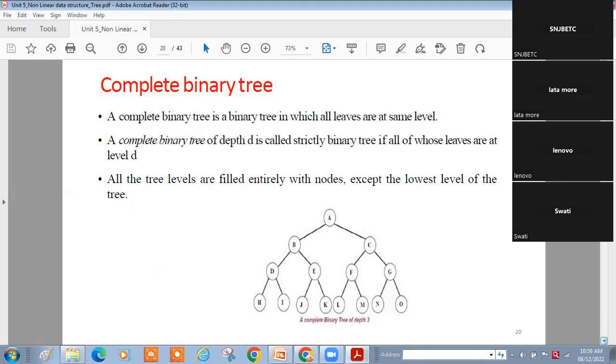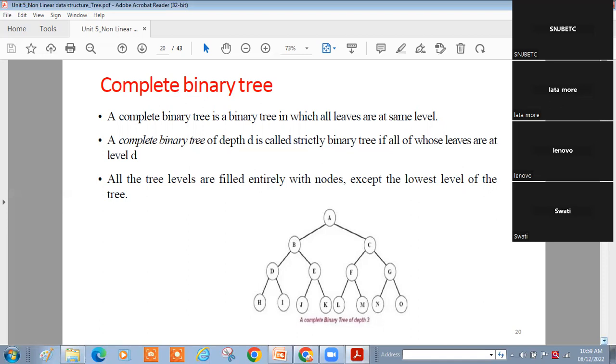A complete binary tree having depth D is called a strictly tree if all its leaves are at level D. So all the tree levels are filled entirely with nodes. What I'm saying is, it is filled entirely with the nodes. 1 is not allowed.